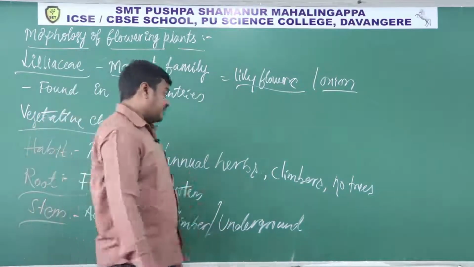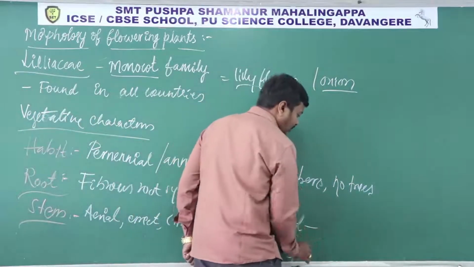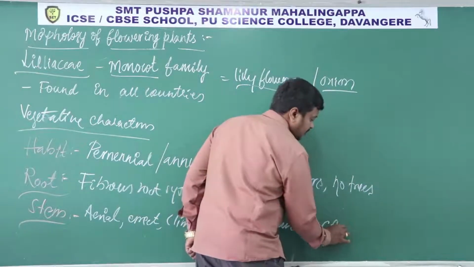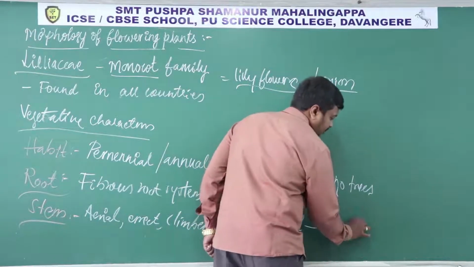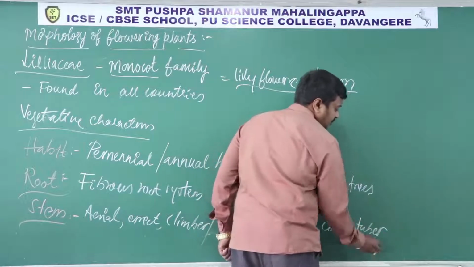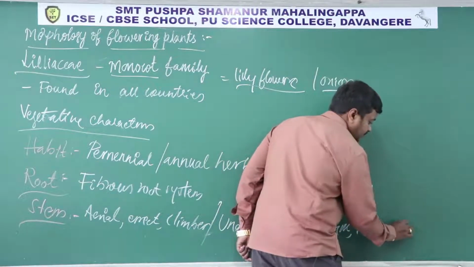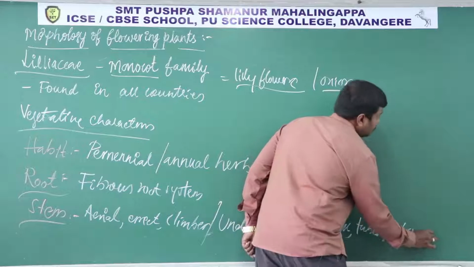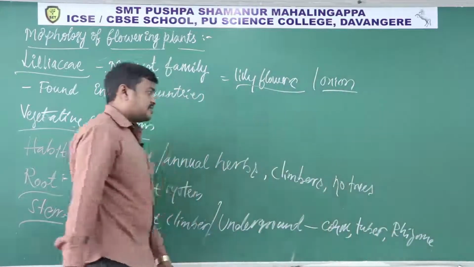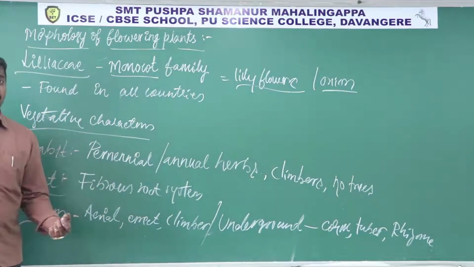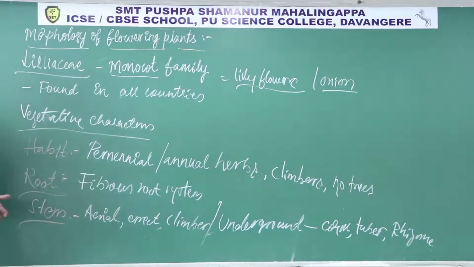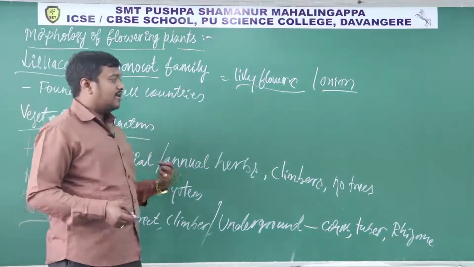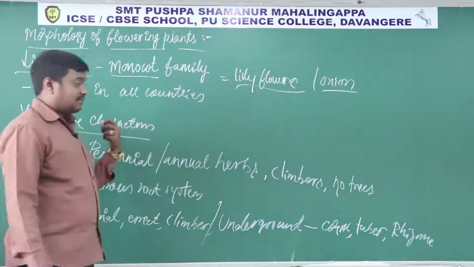The stem is underground and it may be modified, like a corm or tuber or rhizome. So the plants which belong to this Liliaceae family and have an underground stem show corm-like, tuber-like, or rhizome-like structures.